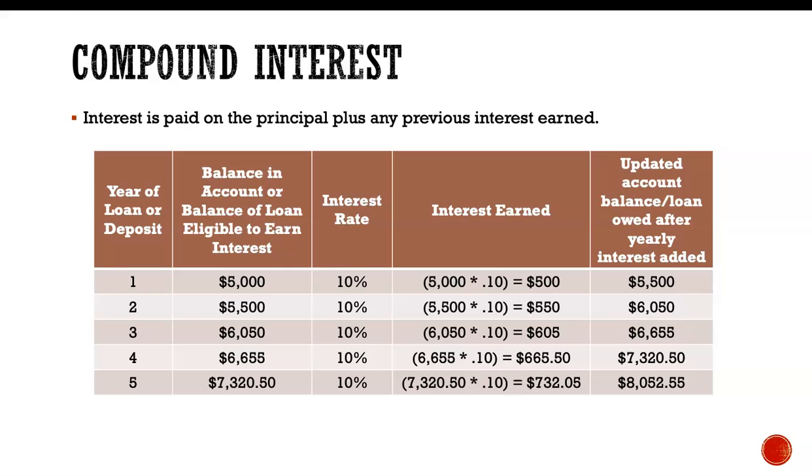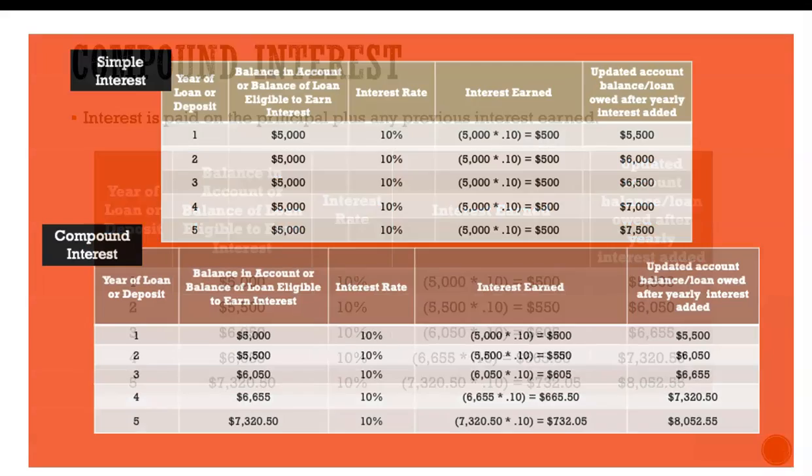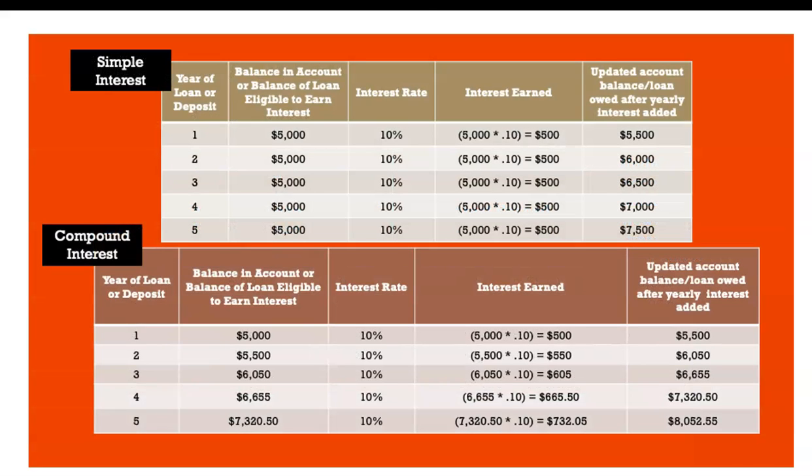The process is completed for years 4 and 5, and we see that at the end of 5 years, when calculating compound interest at a rate of 10% for a principal balance of $5,000, we have an ending balance of $8,052.55. When we compare this with the same principal and interest rate calculated as simple interest, we see we earned $552.55 more.